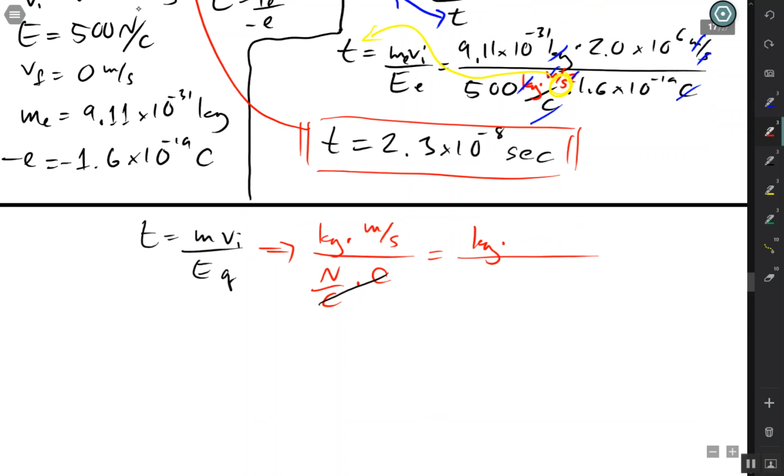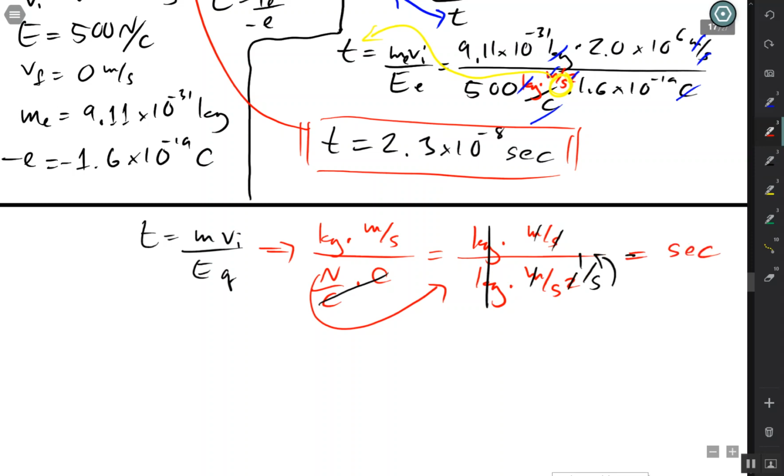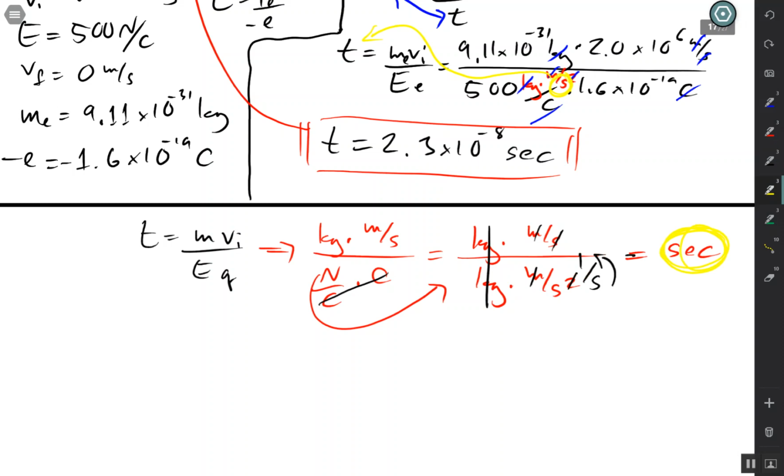I have kilogram, meters per second, and Newton, 1 Newton is equivalent to kilogram meters per second squared. You can see that that goes away, and even the second goes away. So we're only left with 1 over s on the bottom, but you take the reciprocal of that, and it becomes a unit of seconds. Okay? See that? Stop there.